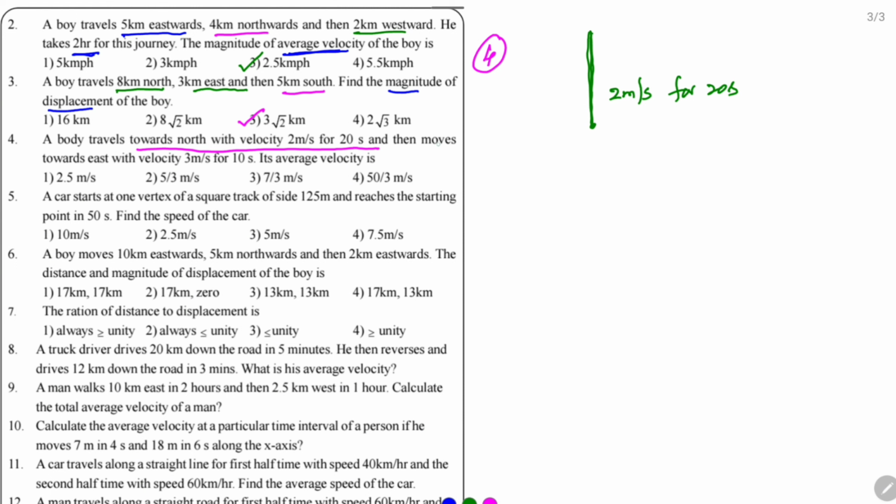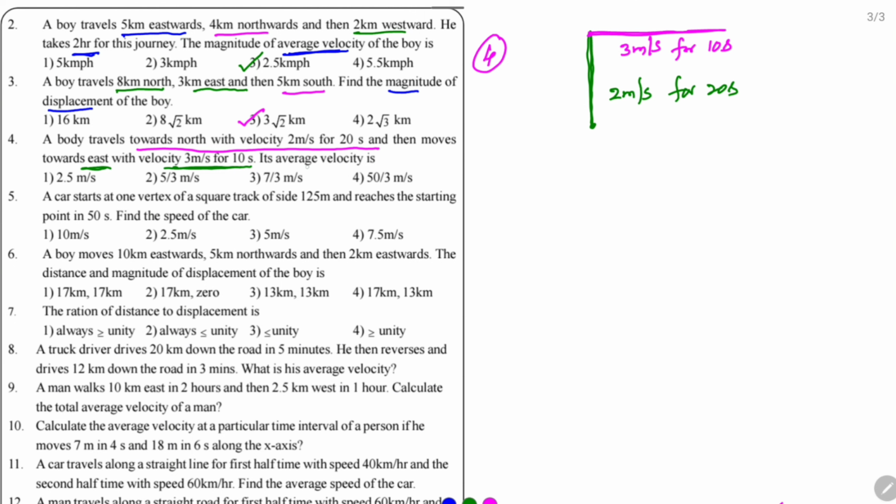Then it moves towards east with a velocity of 3 meter per second for 10 seconds. From here it is moving towards east with a speed of 3 meter per second for 10 seconds.